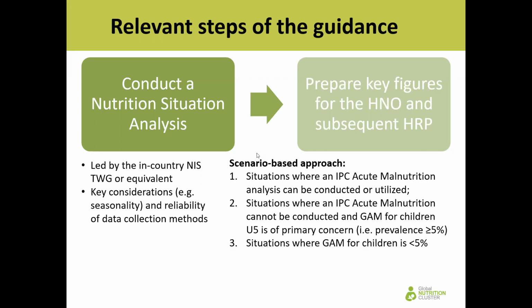In other contexts where the global acute malnutrition levels for children are less than 5%, so not perhaps of primary concern, but maybe different forms of malnutrition are more concerning, that would fall into scenario 3. So the full guidance is based on these 3 scenarios, and you would follow the scenario and recommendation that best fit your purpose. Based on that, we would identify the key figures for the HNO and subsequent HRP.